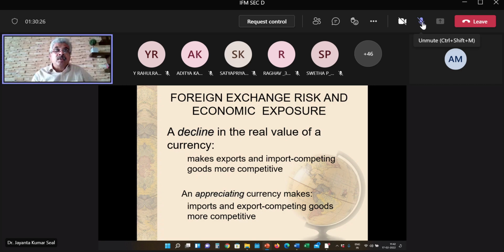If my import cost goes down, I can bring the foreign tea at a lower price, so Indian tea will face competition against the foreign tea. Yes or no?